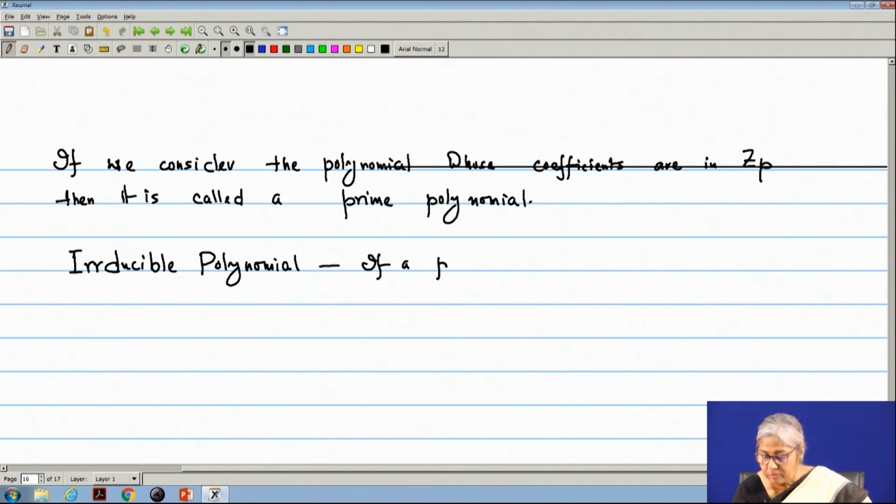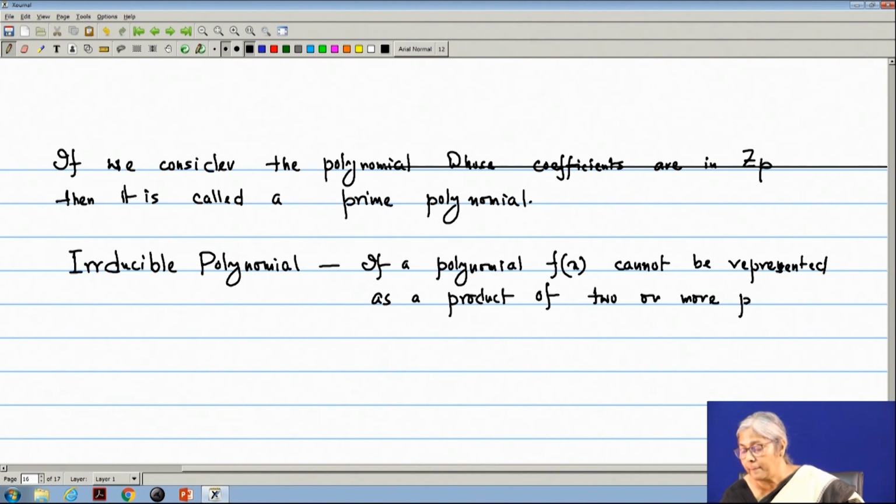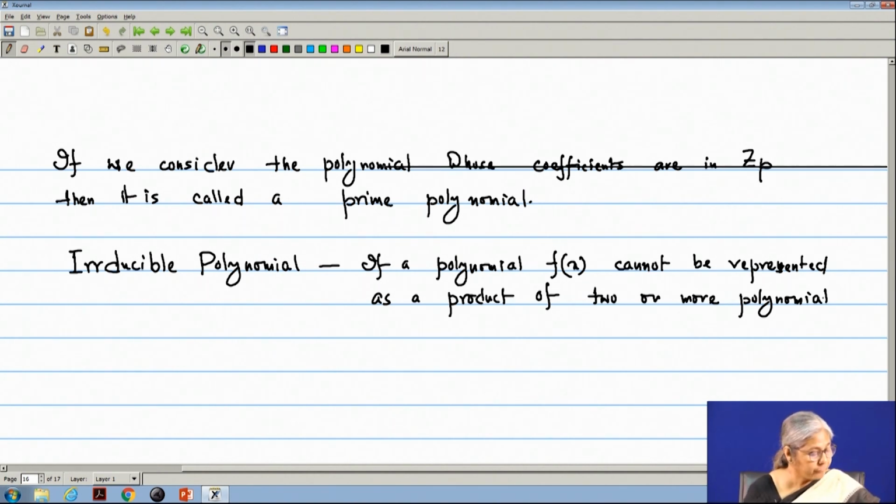If a polynomial f(x) has no factor, that means it cannot be represented as a product of two or more polynomials. So, it is similar or analogous to a prime number. If a polynomial cannot be represented as a product of two or more polynomials, then it is irreducible.